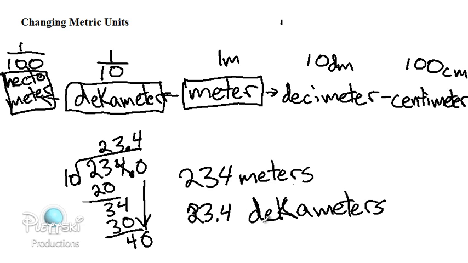Since a decameter is a longer unit of measurement, it would take less of them to make 234 meters, which is a smaller unit of measurement. Okay, what if I wanted to convert this 234 meters into hectometers?